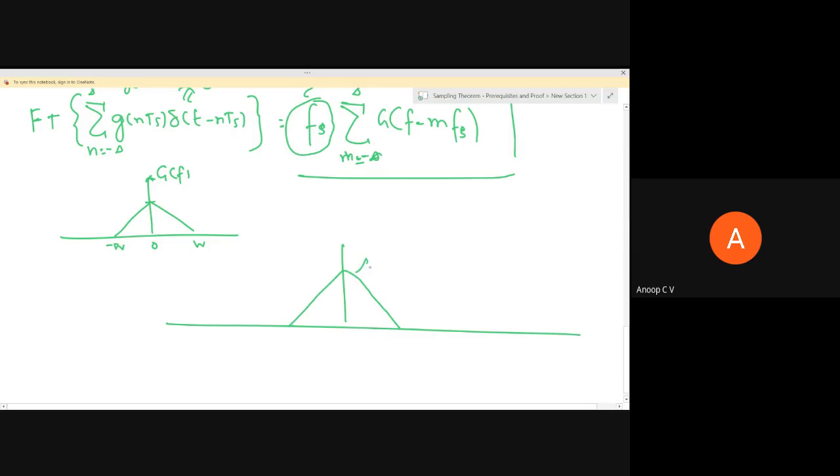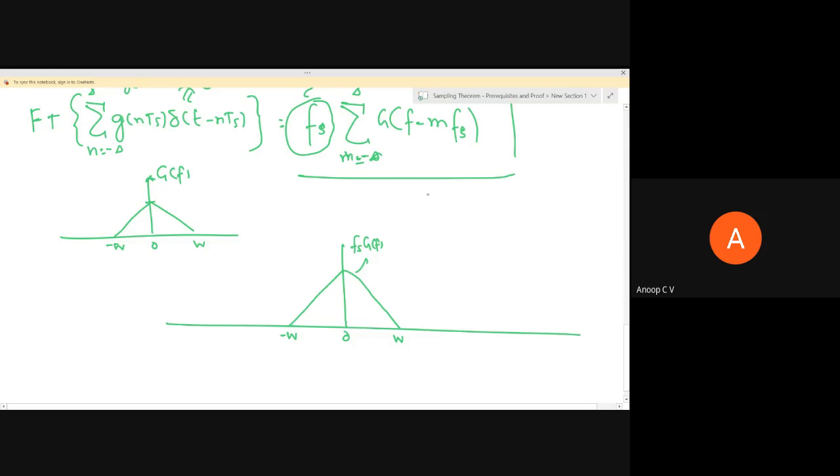So this will be fs into g of f. This is 0, this is w, this is minus w, and then for m equal to 1, it will be g of f multiplied by fs, shifted towards the right.